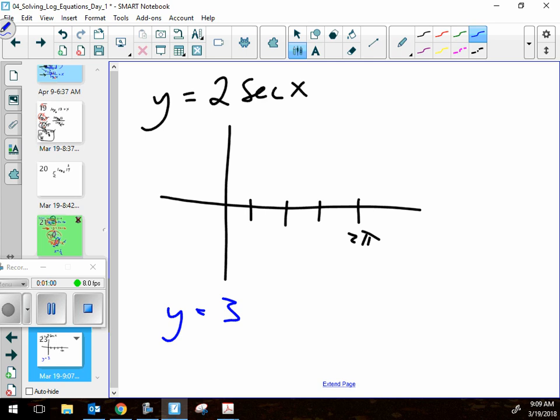3 sine of 4 pi minus pi over 2. I think that's a little more carefully.